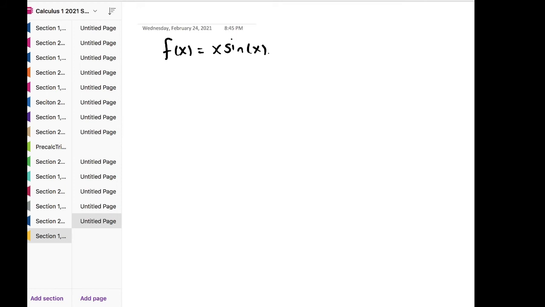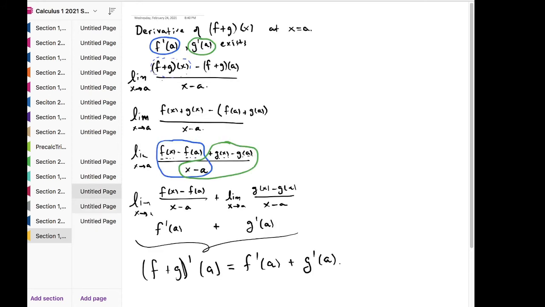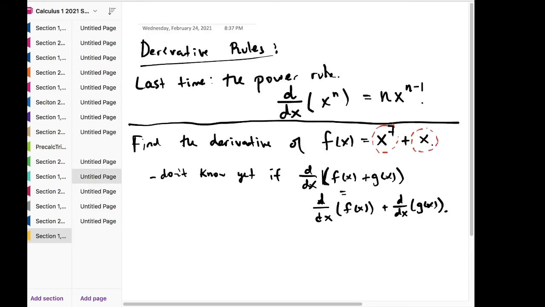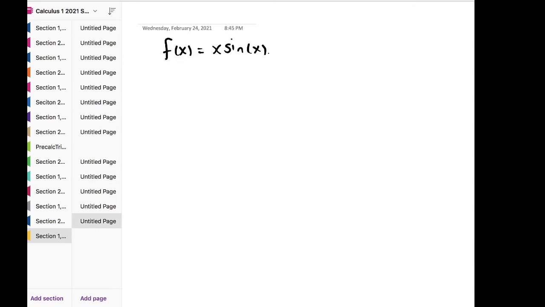Okay, x sine of x. Well, I run into a similar problem I had with this, right? Here, I didn't know if I could just take the derivative of each, right? Whoa, you did that limit so fast, right?